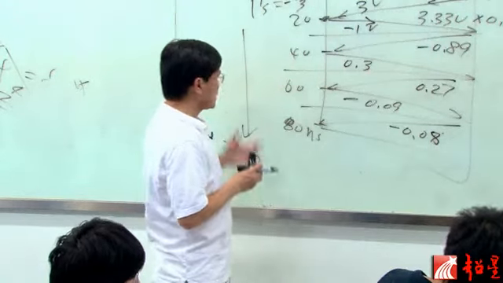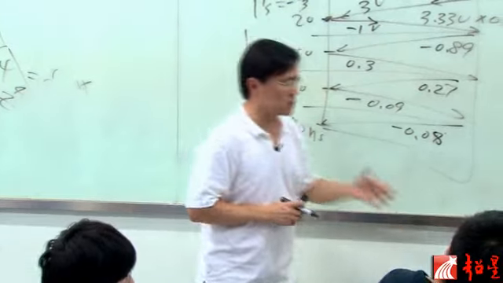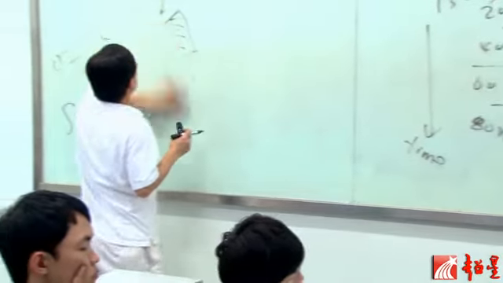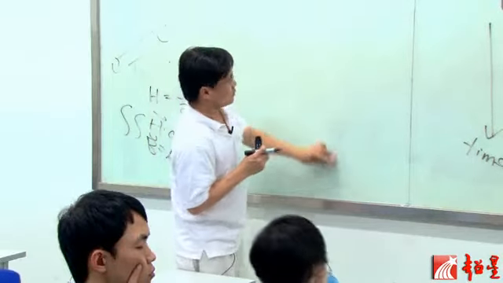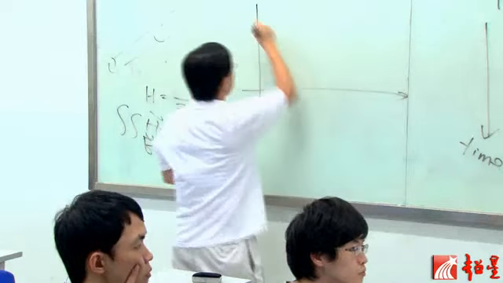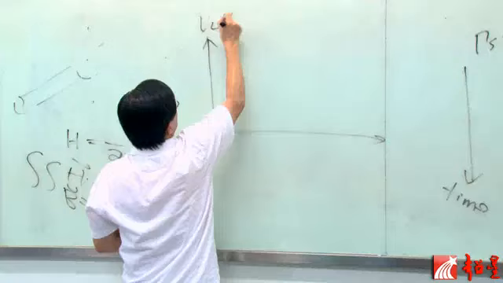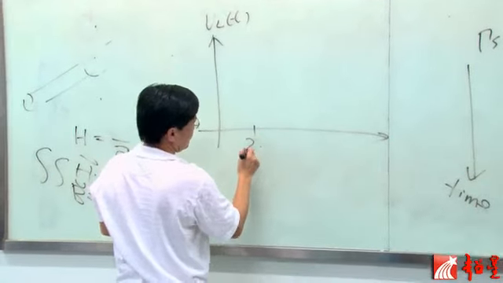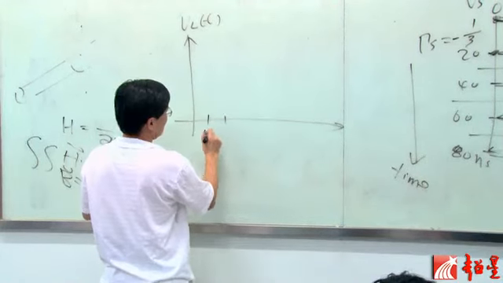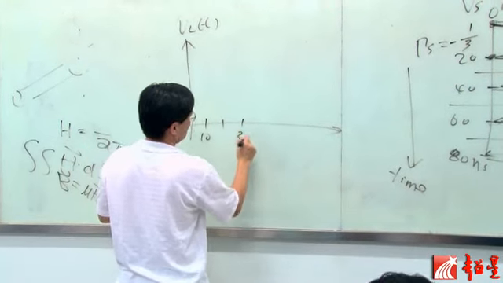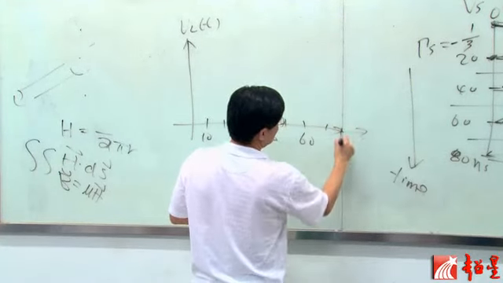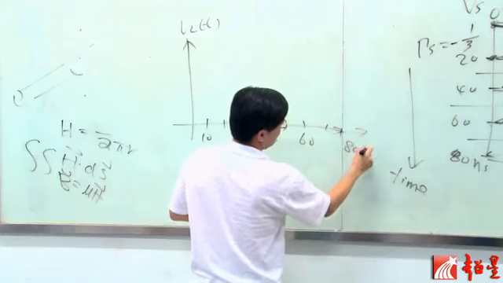Okay. So what if we want to find out the waveform in time? How do we find out the waveform in time? If I want to draw a time axis, this is 10, 20, 30, 40, 60, 80 in time.